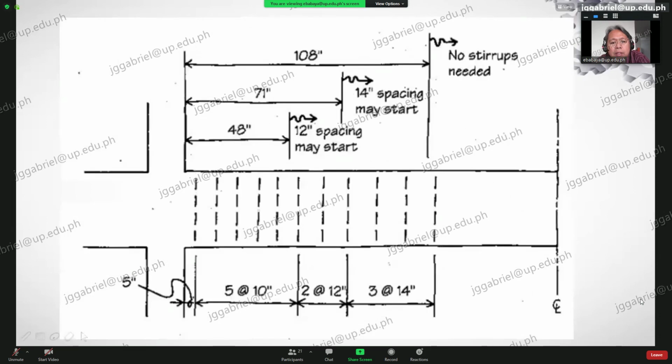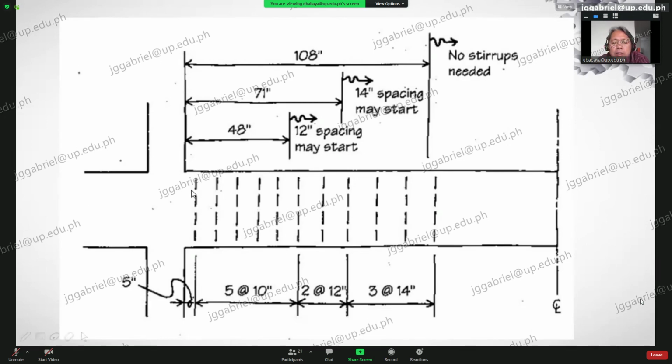So, this will be the final spacing. The portion where we designated the 10 inches spacing is from the support up to 48 inches. So from here up to there, 10 inches tayo. Now, the reason why this is 5 inches, since your spacing is 10, divided by 2. Kasi nasa gitna dapat yung location ng stirrup nyo ng 10 inches.